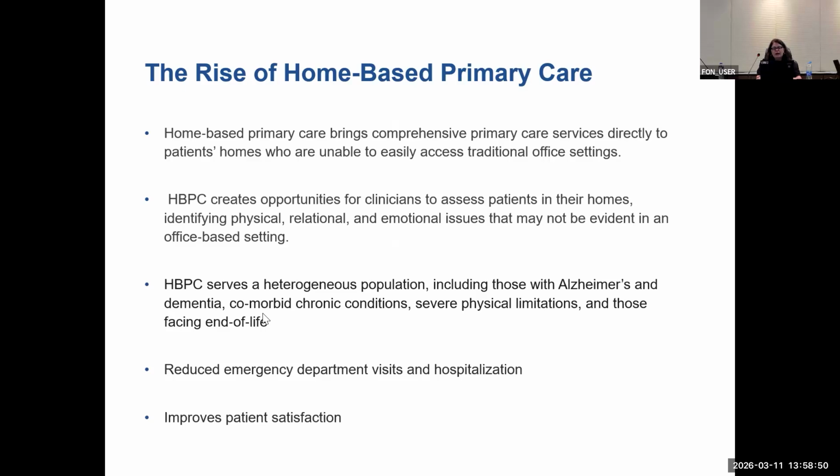So in order to help take care of these patients, the nurse practitioner or a physician goes to patients' homes to deliver care. This model of care is beneficial because it allows clinicians to see patients' homes, where and how they live. It also helps people to have access to healthcare. And research shows that if you have good home-based primary care, then patients don't go to emergency rooms, and it improves patient satisfaction because patients feel that there is someone they can always ask for help. Okay?